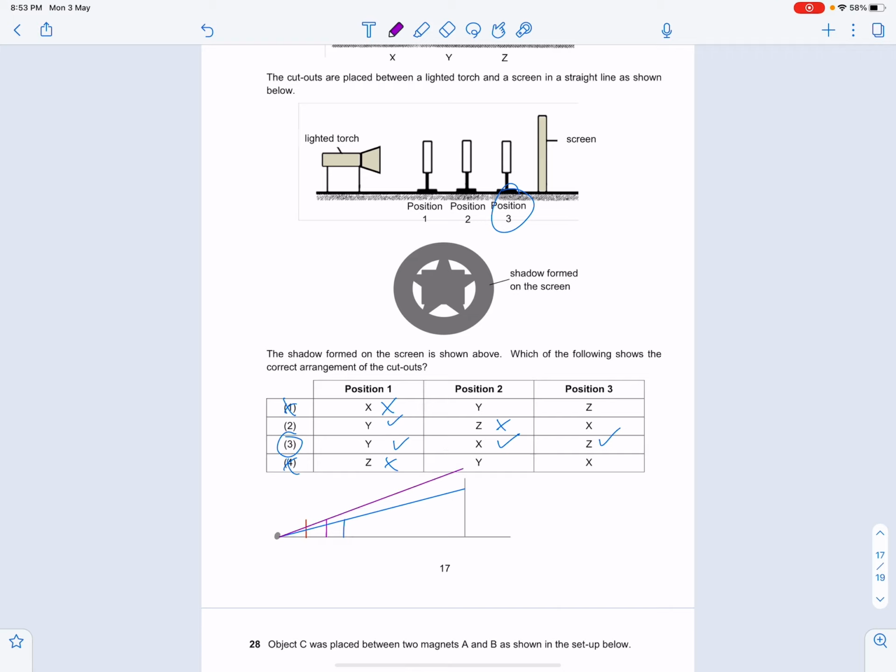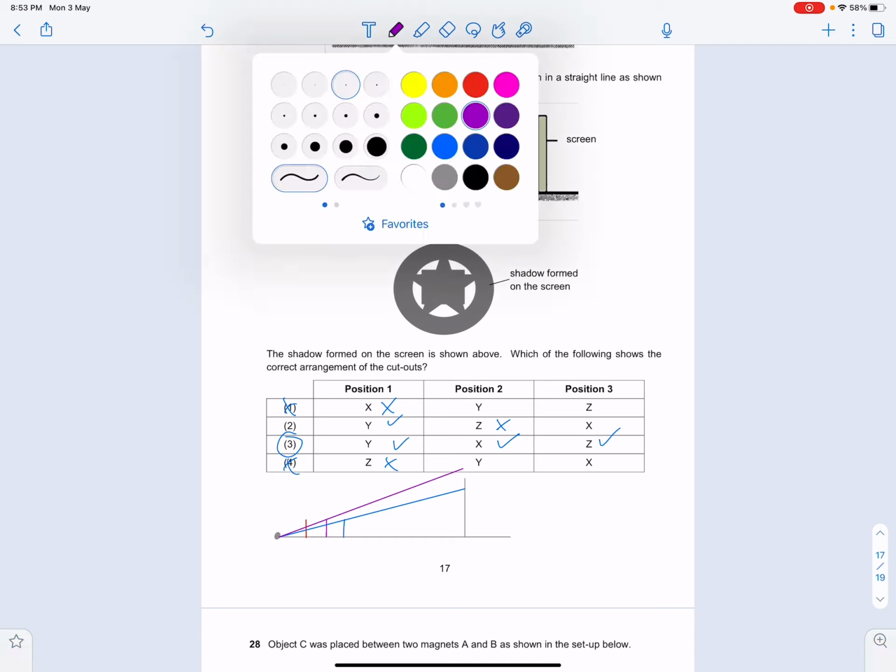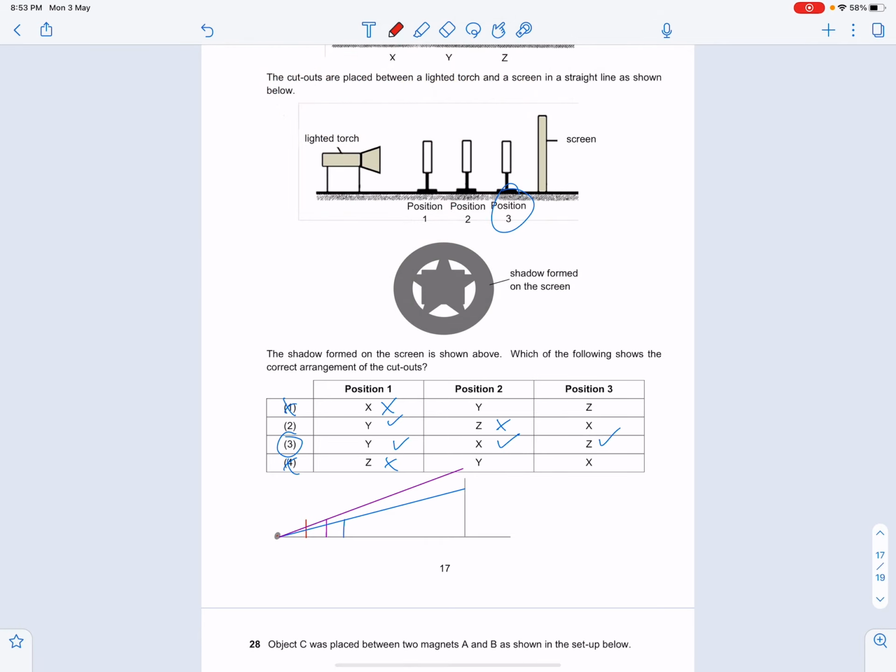My screen actually needs to be higher for it to work. So what you see is that the red line is the greatest height, and that is the size of your shadow because it is the nearest to your light source. This is your light source and this is your screen.